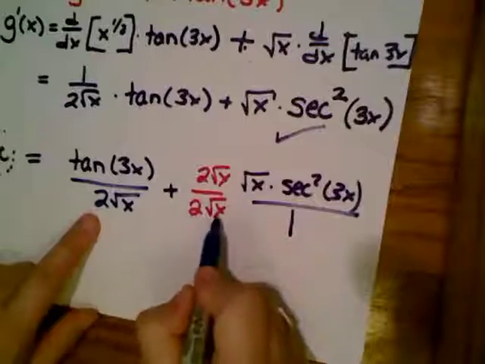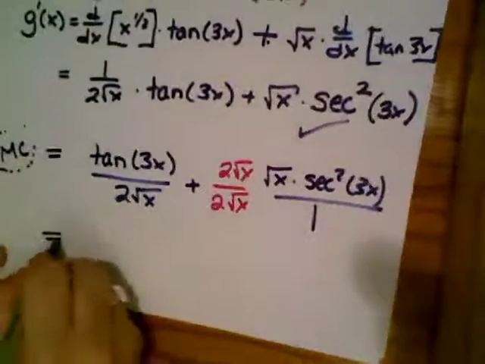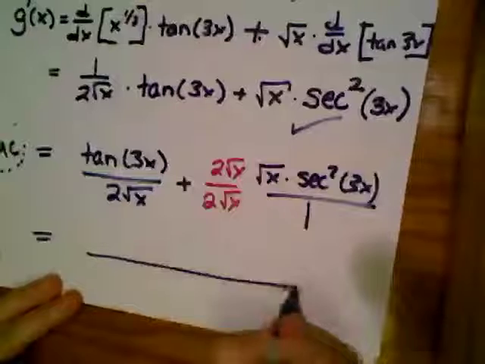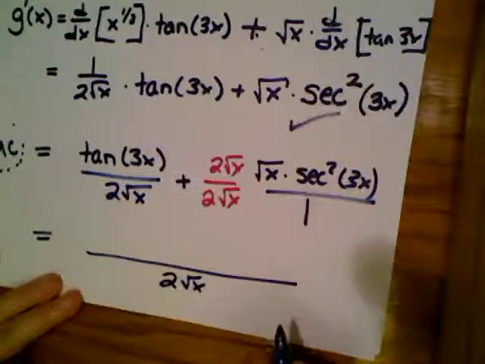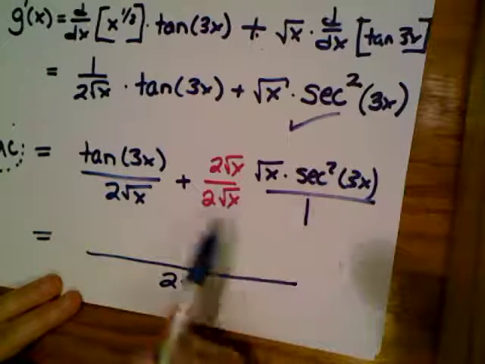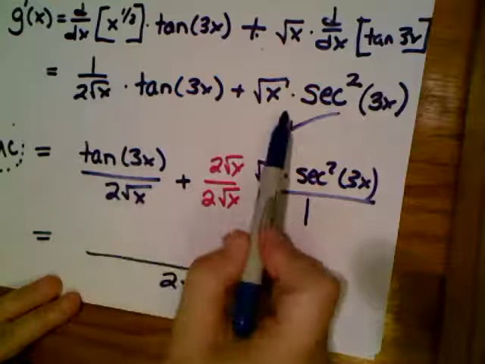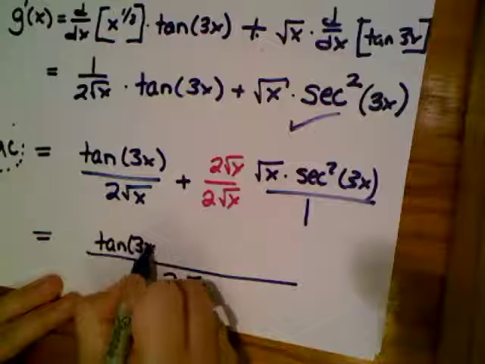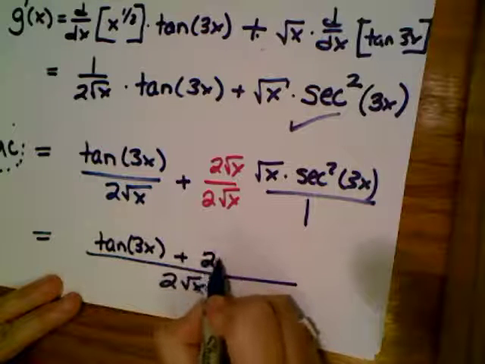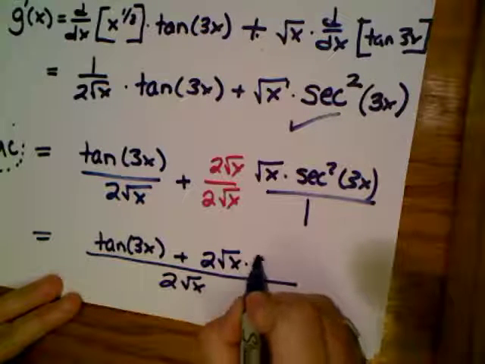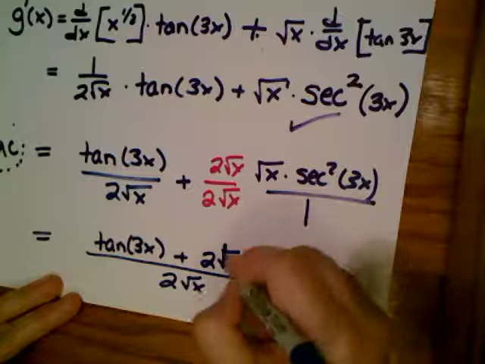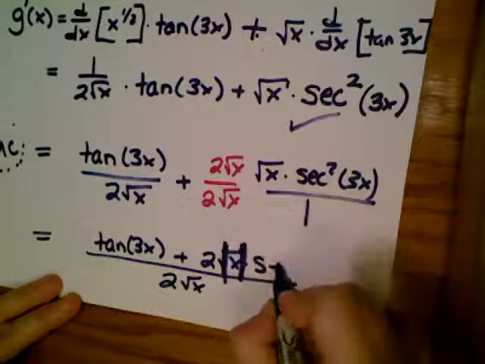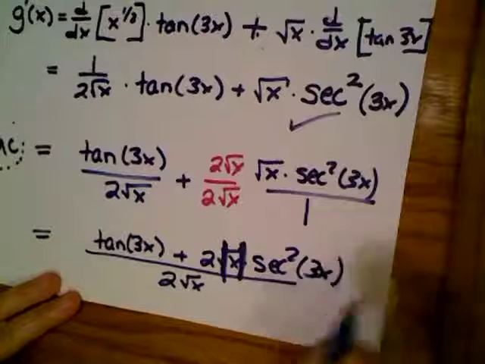By renaming the second term, we'll be able to add the two terms together with a common denominator. So an equivalent way of writing line 2 is line 4: tangent applied to 3x plus 2 square root of x, I did that wrong, that should be absolute value, times secant squared of 3x.